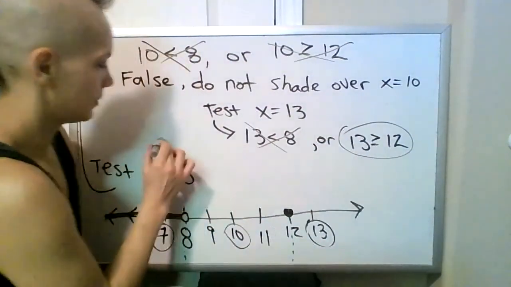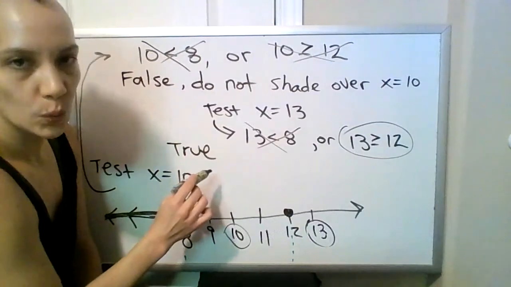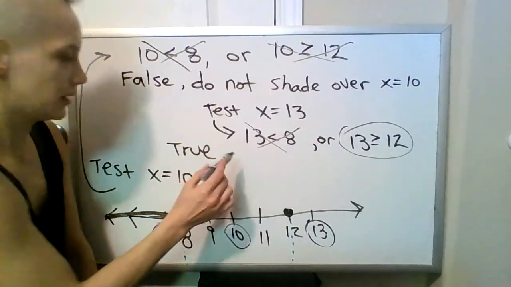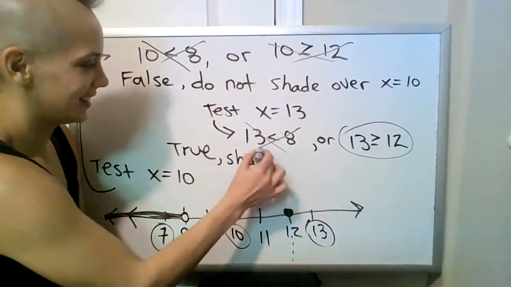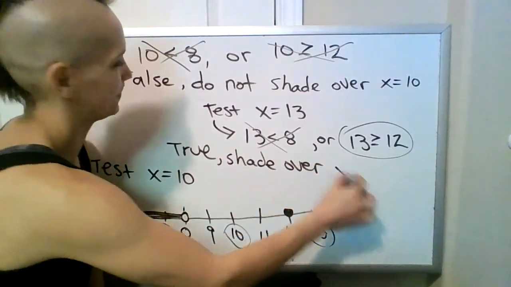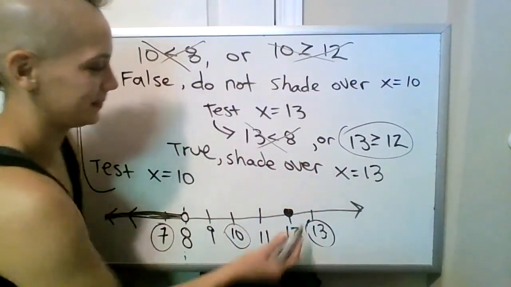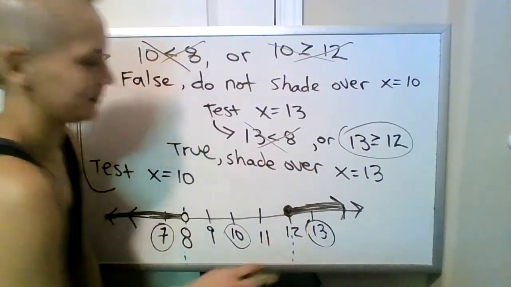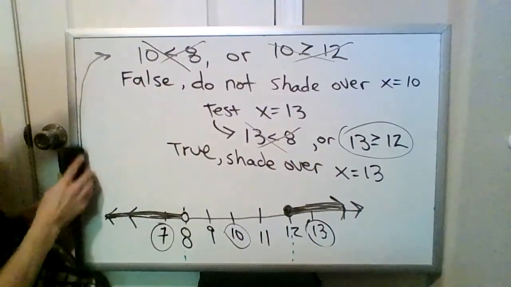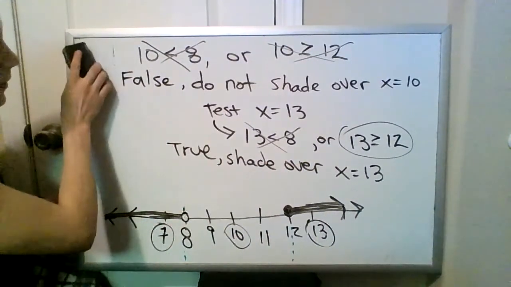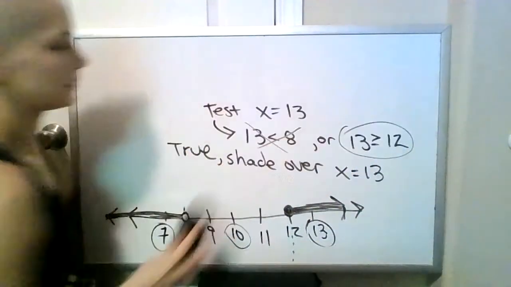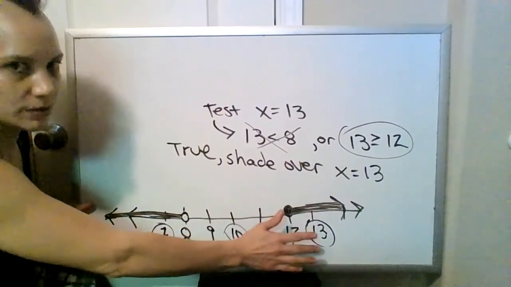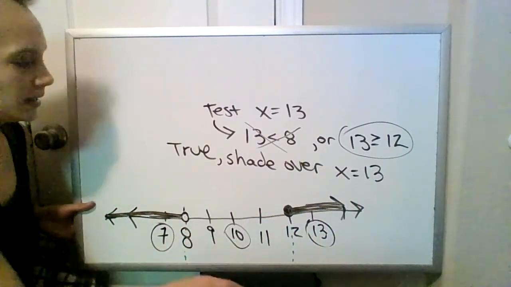So since this is true, and we have or, that statement is true, and we will shade over 13. So we're done with the graph. We've tested each test interval and shaded accordingly.